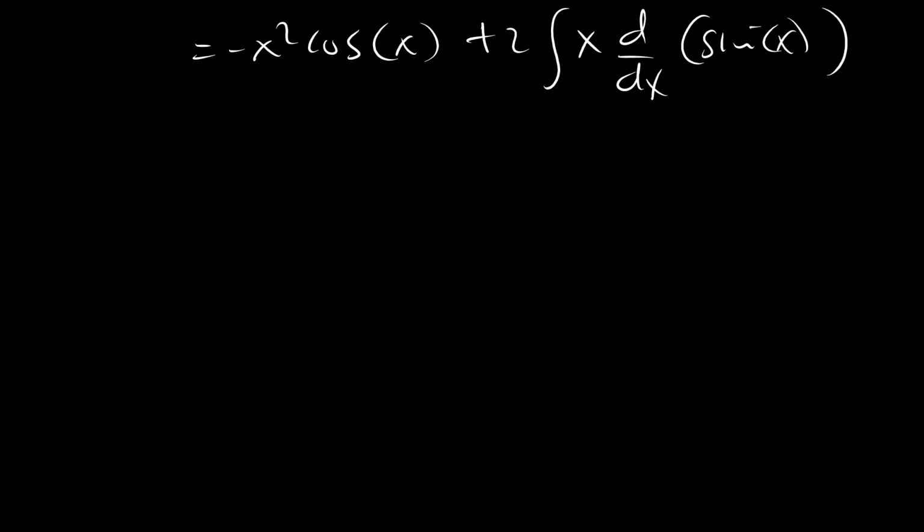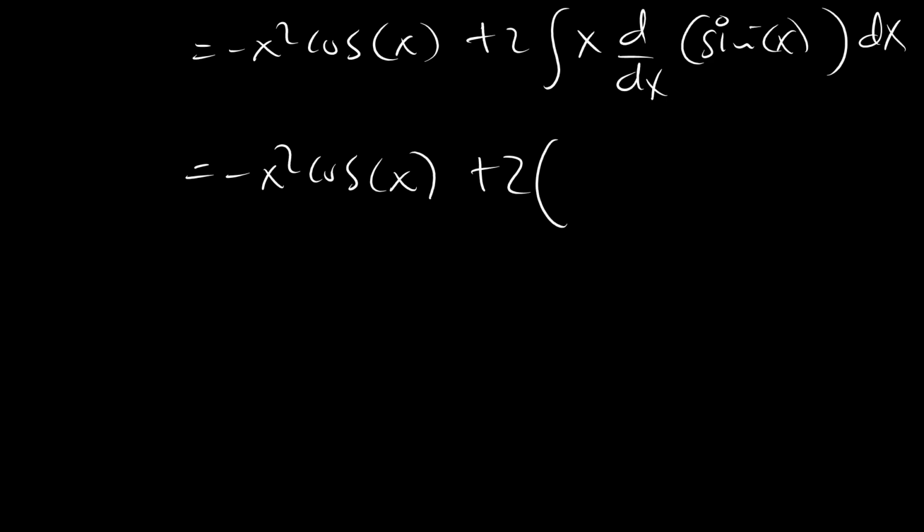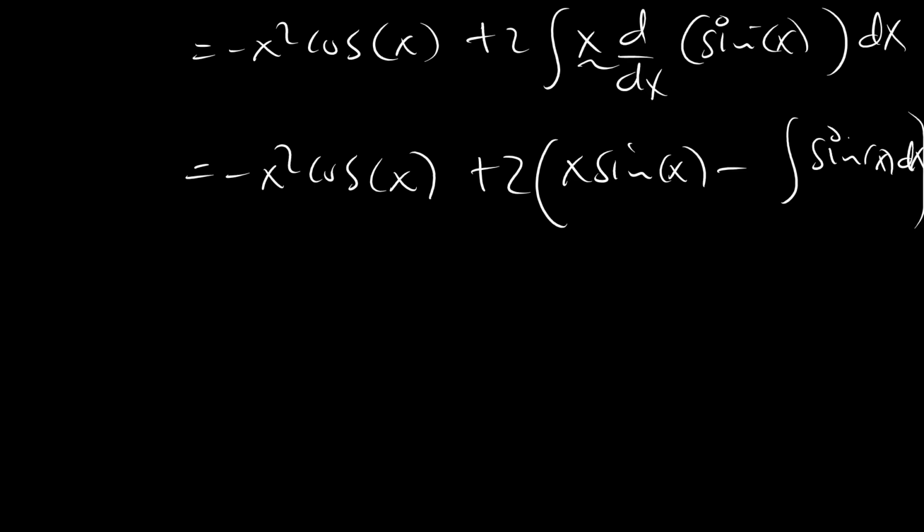We have expressed the cosine of x under the integral as this. And so using integration by parts again, we have x sine of x minus the integral of sine of x, because the derivative of x is 1, and that is what we have.